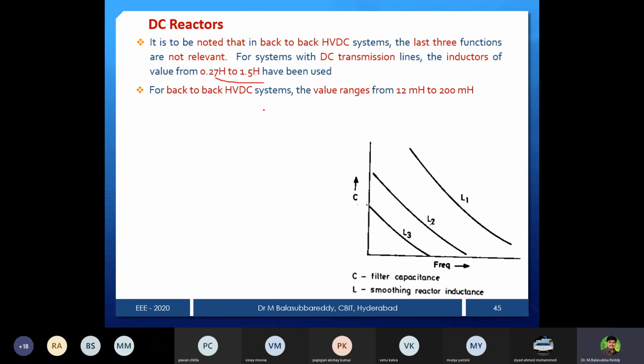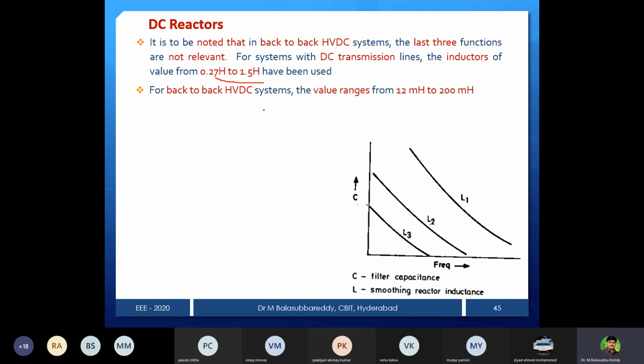Because of the large impedance on the source side, if any commutation failure takes place in the inverter, or any devices in the same leg conduct, because of the reactor it can withstand to some extent. Meanwhile, you can rectify your fault, clear the fault, or isolate the system.